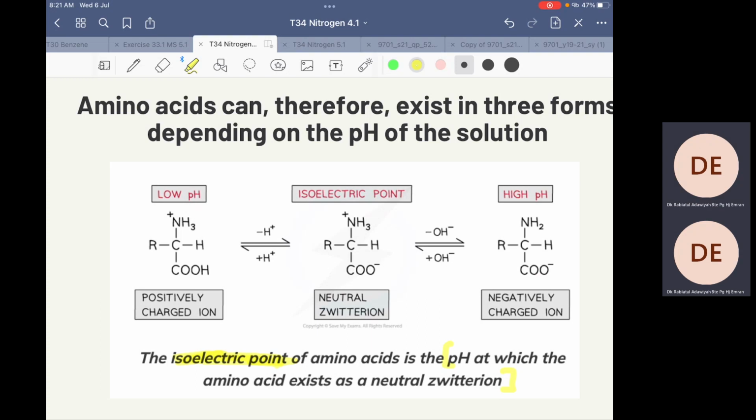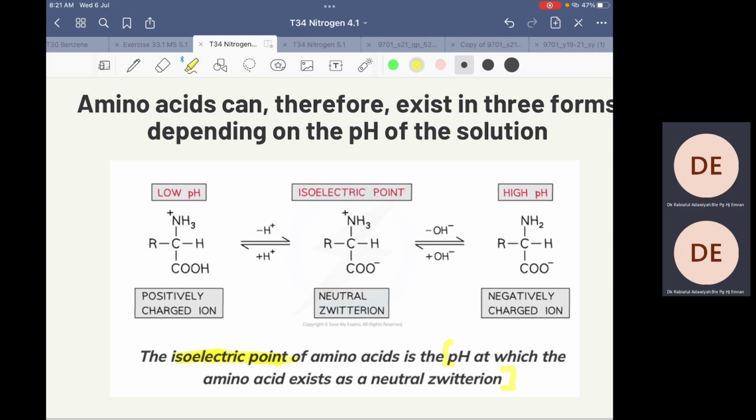The charges, iso means same, electric means the charges, they just cancel out, the +1 and the -1. Okay.